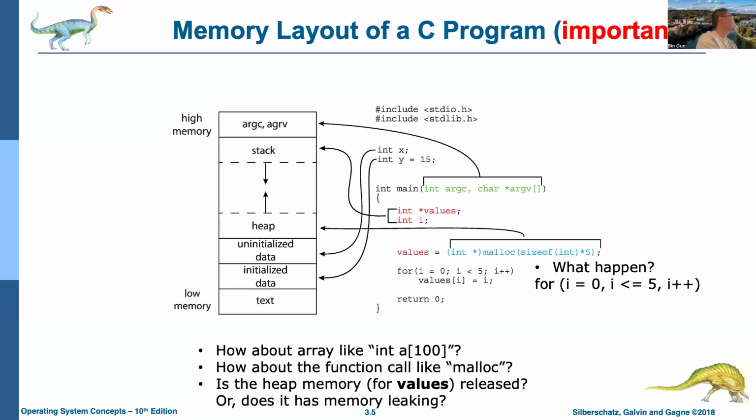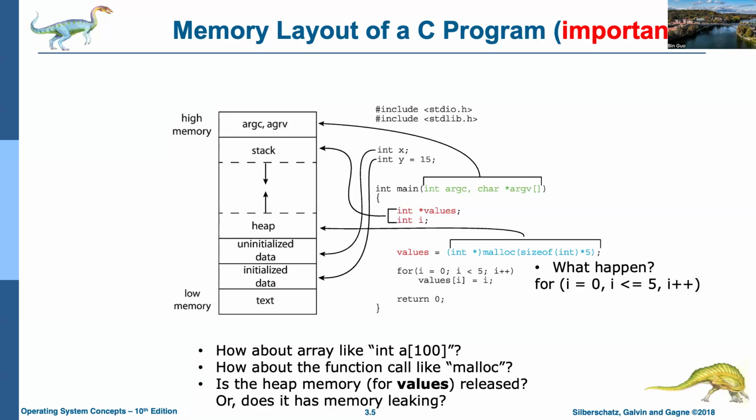But how about this heap? What happened? I forgot to release the memory. Here I have my log. This value points to a memory, my log in the heap. But I don't release the memory. What happened? This is the error. Yes, correct. It's memory leaking.